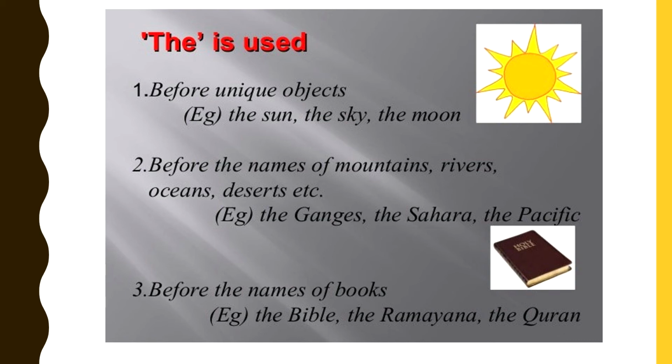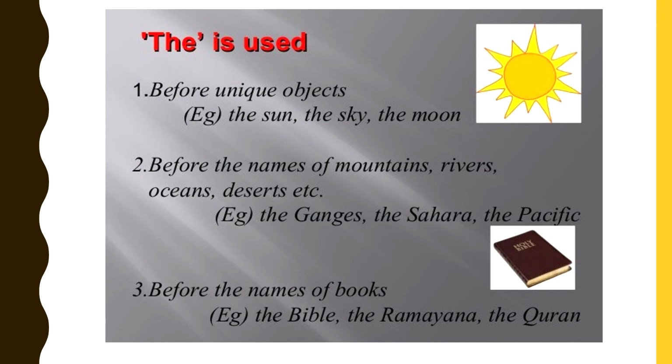Any object which is one of its kind in this world can be termed as a unique object. Example, sun, sky, moon, galaxy, world, universe. So with all these words, we will use the article the. So that is why the is called a definite article, because it points to particular things.